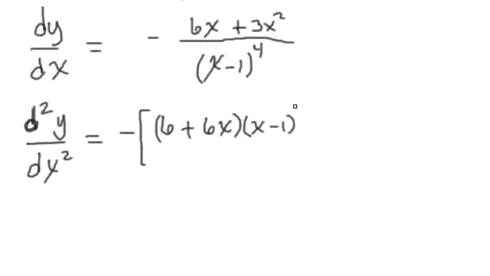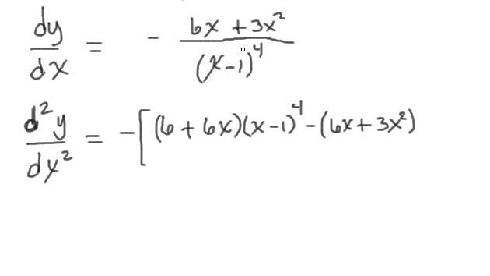the good old quotient rule, minus rewriting the numerator, and we need to put it in parentheses, times the derivative of the denominator.